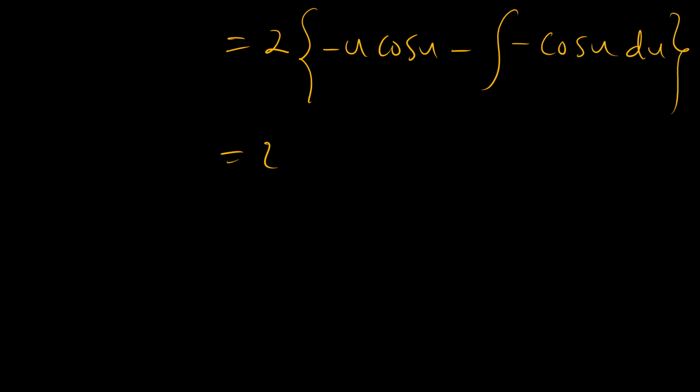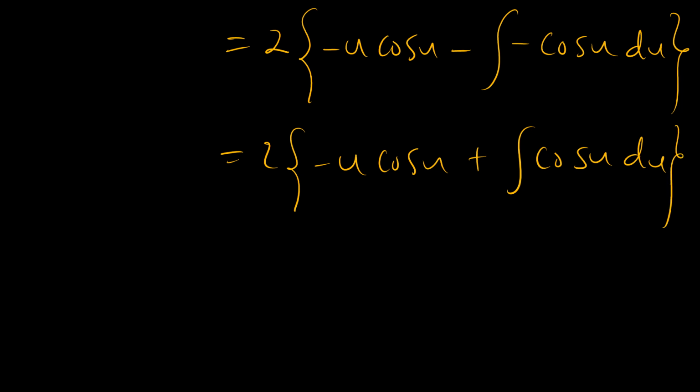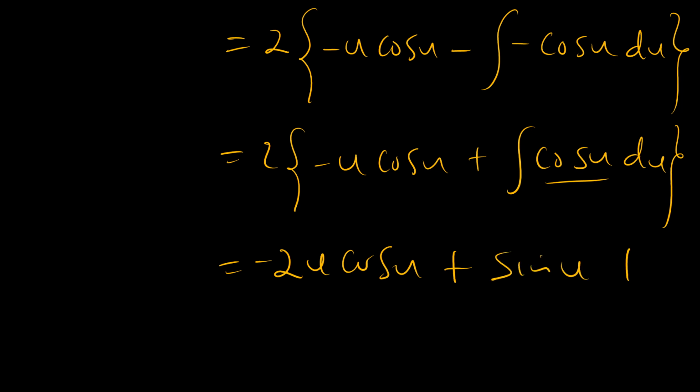So this is 2 times negative u cosine u plus the integral of cosine u, which equals negative 2u cosine u plus, so when we differentiate sine u, we get cosine u. So sine u is going to be the answer there.